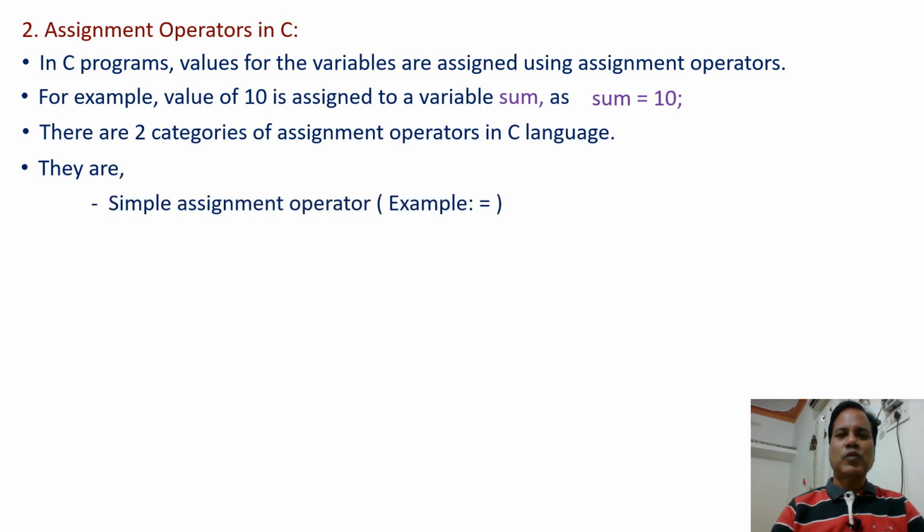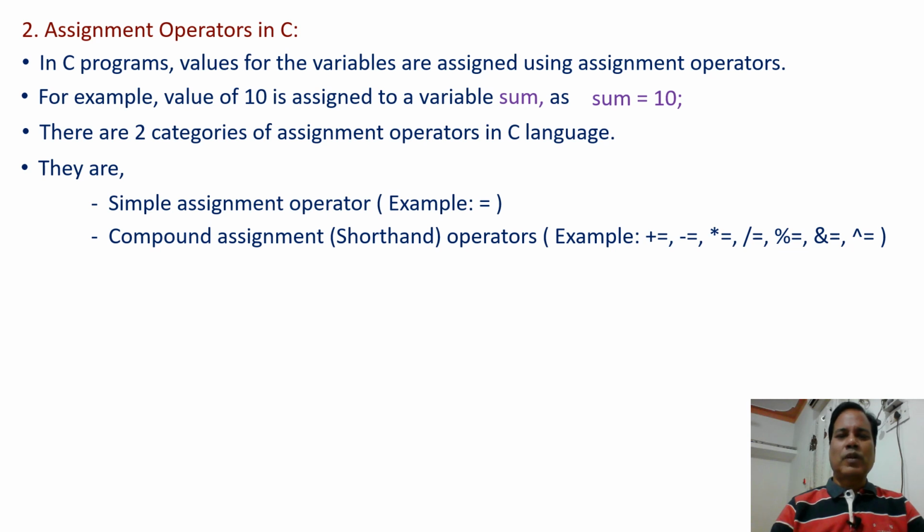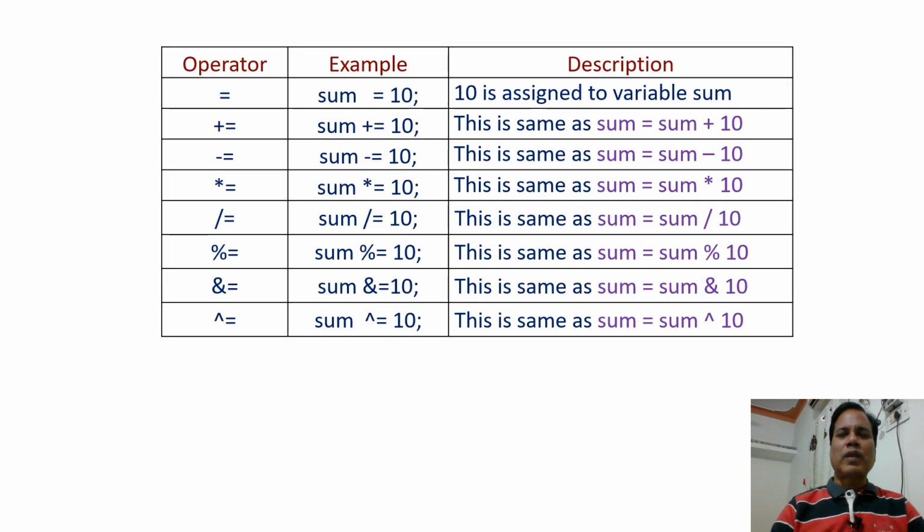They are the simple assignment operator and the compound assignment operator, which is also called the shorthand operator. This table shows all the assignment operators. The first assignment operator that we have been using until now is the equal sign.